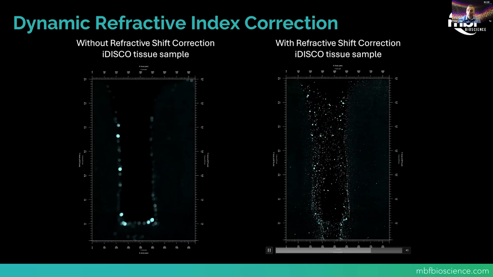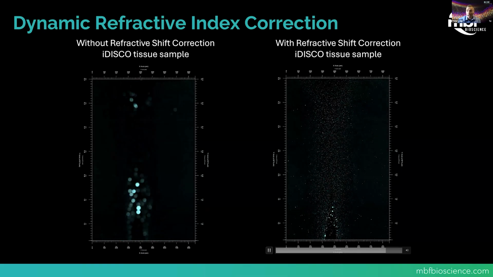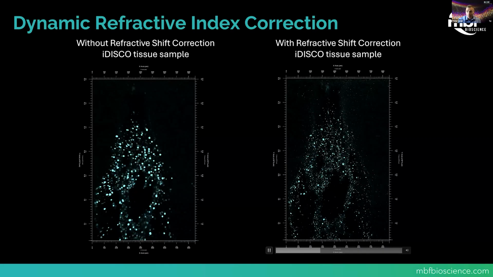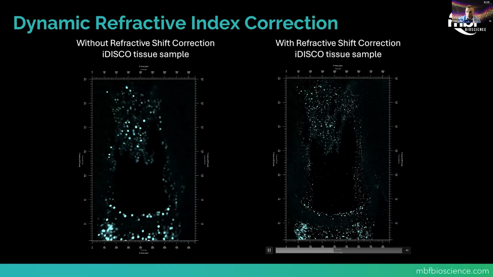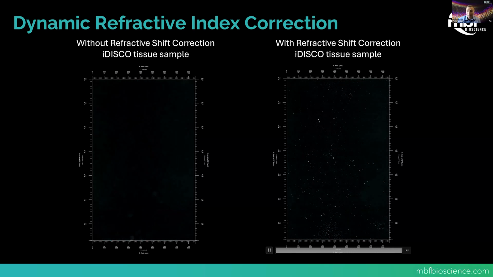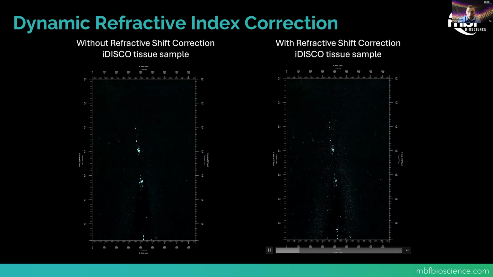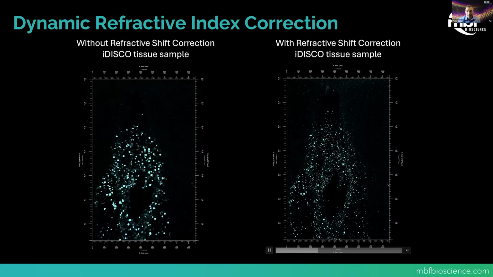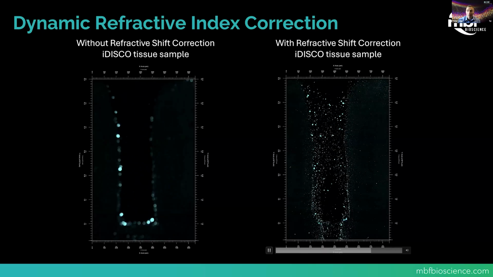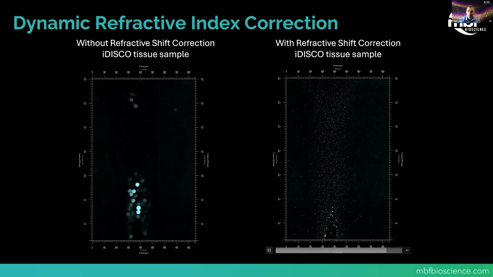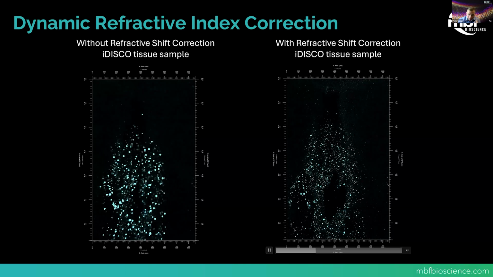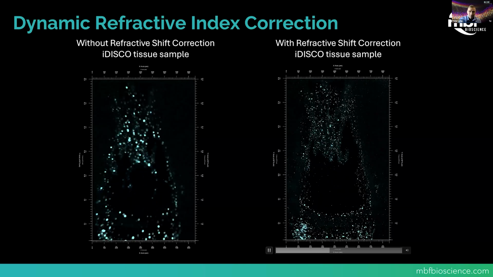This correction is implemented through software-controlled optical offsets, meaning there are no hardware modifications, no system reconfigurations, or any type of alignments required when you're going between your different protocols. In practice, this allows researchers to image samples cleared with a wide range of methods while maintaining consistent optical sectioning and image quality without needing to retune the microscope.